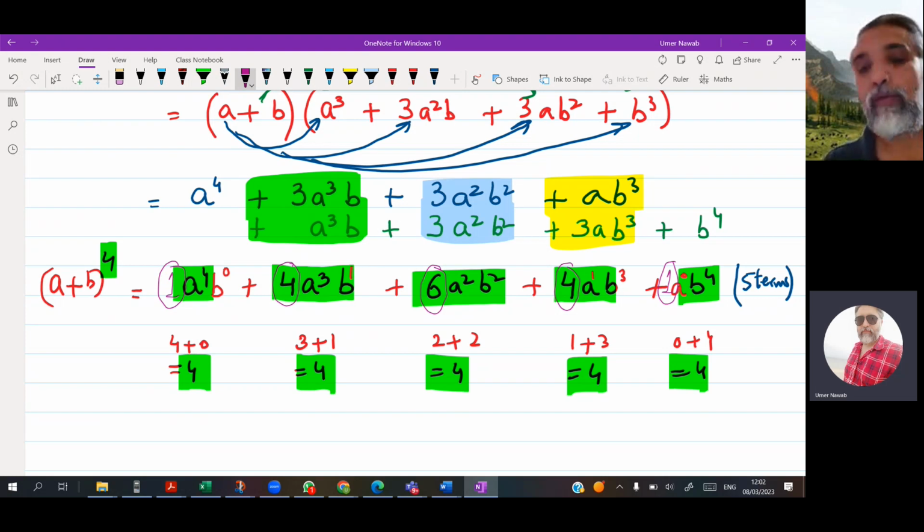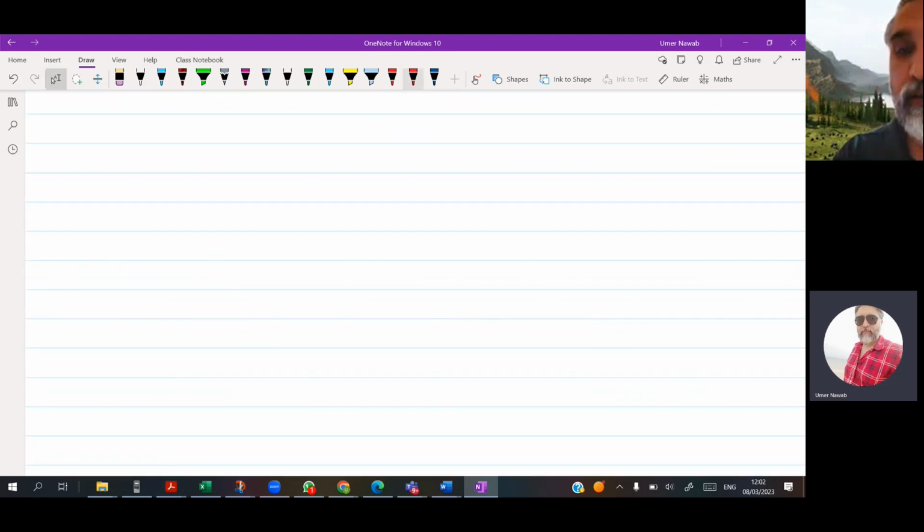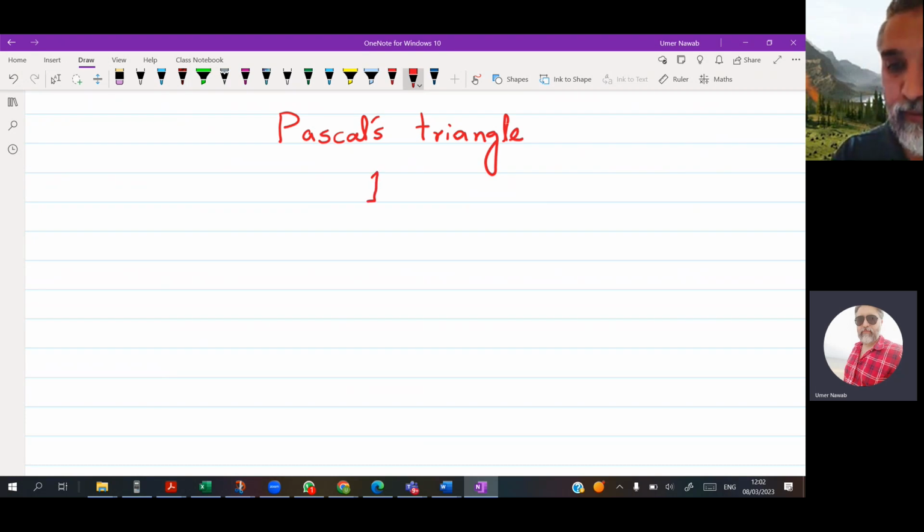However, up till now, there is no rule which is discussed with you that how these binomial expansions are calculated. For this, I need to take you back to the Pascal's triangle, which is very famous. Pascal's triangle. In Pascal's triangle, you have to start from 1.